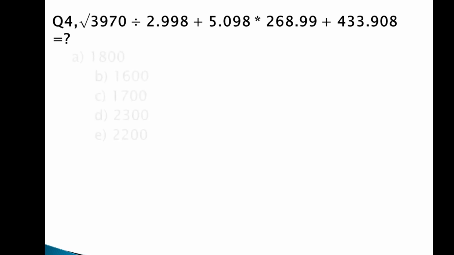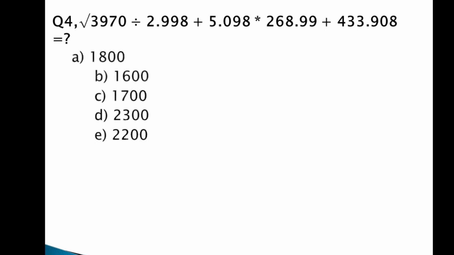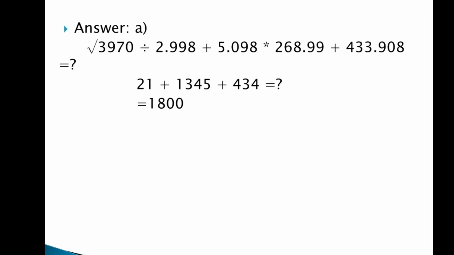Our options are option A 1800, option B 1600, option C 1700, option D 2300 and option E 2200. Your time starts. Your time finish. Our answer is option A, which is 1800.